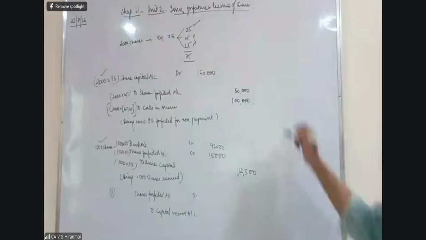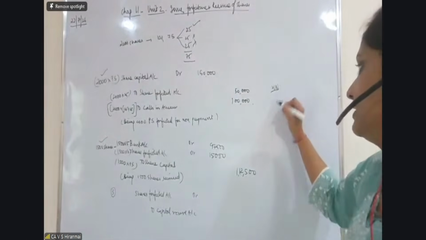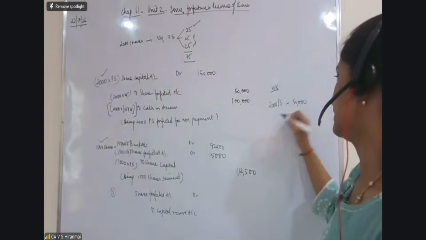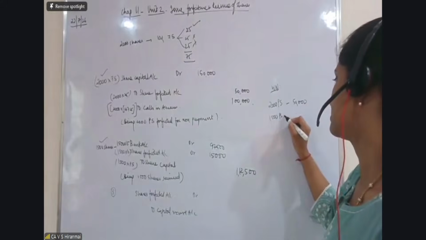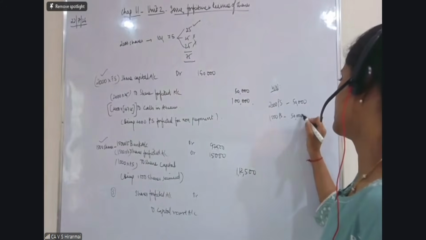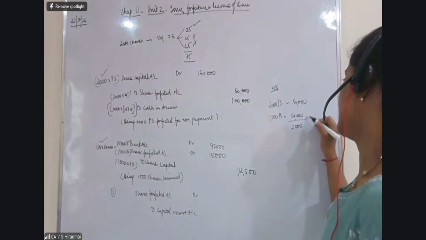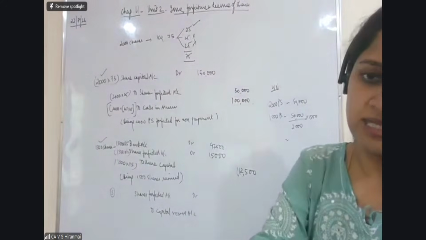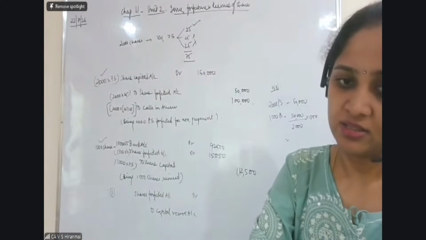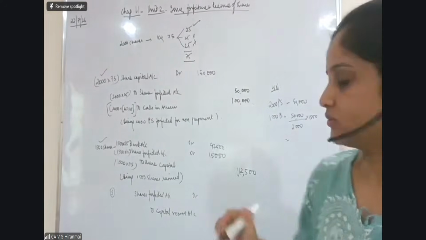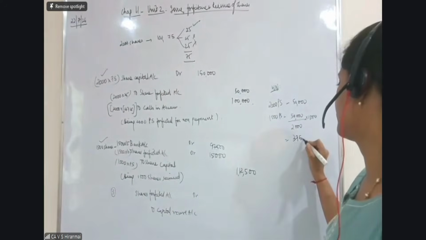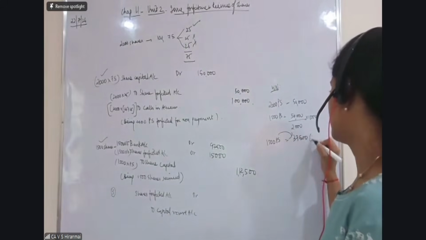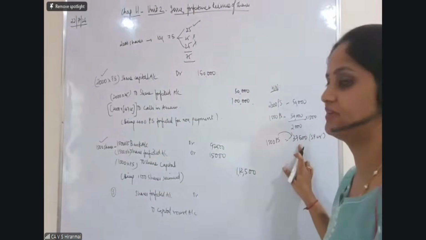Go to the working note. Proportionate amount you have to find out. For 2,000 preference shares, 50,000 was collected. For 1,500 preference shares, it will be 50,000 divided by 2,000 into 1,500. So the value will come to 37,500. So for 1,500 preference shares, the amount in the shares forfeited credit is 37,500.